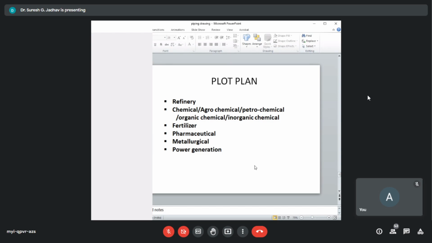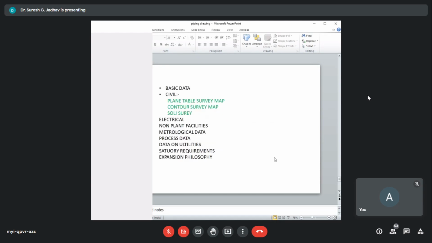In basic data, the first one is civil engineering. In civil engineering, we'll see the plane table survey map, then the contour survey maps, and then the soil surveys.